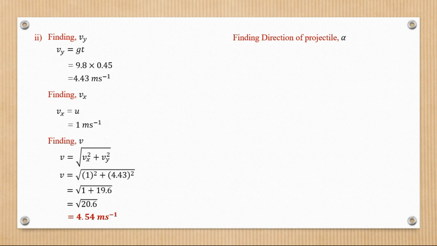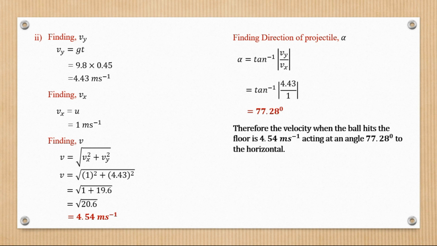So the direction of the projectile can be found as tan inverse of vy over vx, which is 4.43 over 1, of which the answer we get for alpha is 77.28 degrees. So therefore the velocity when the ball hits the floor is 4.54 meters per second, acting at an angle of 77.28 degrees to the horizontal.